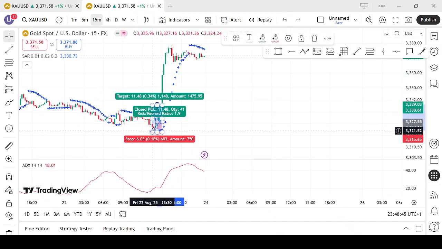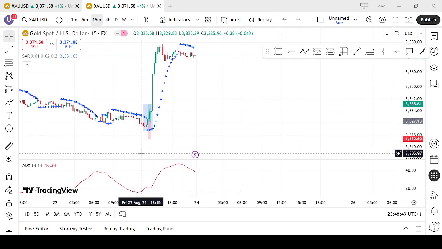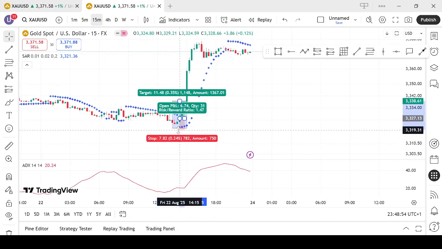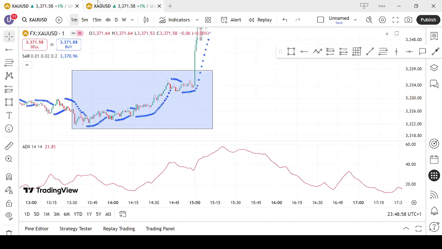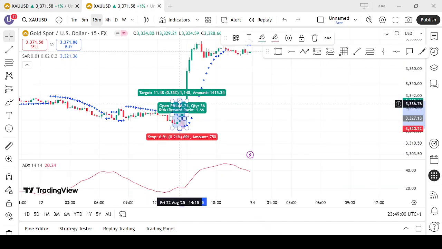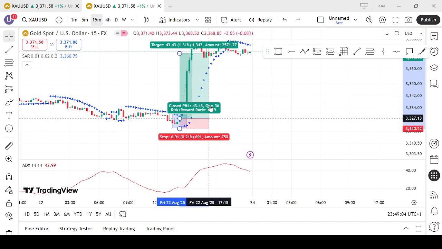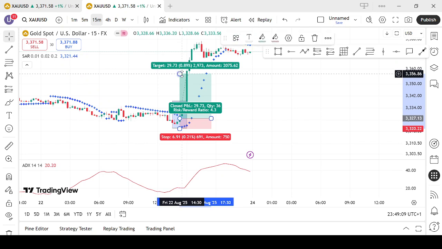And as you can see, the 15 minutes time frame would show us the broader picture of what we are trying to capitalize on, and we can always use our trailing stop to capitalize on the full move, or we can use a fixed move of 1:2 risk to reward ratio to capitalize on this move.